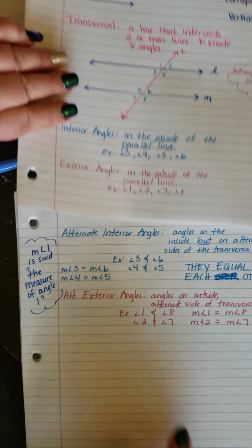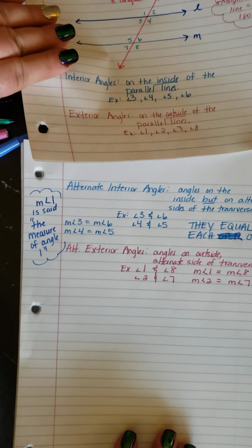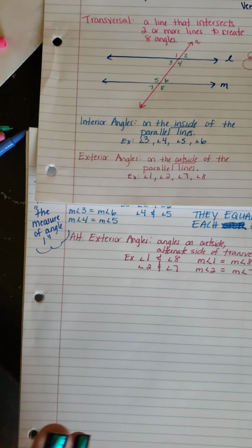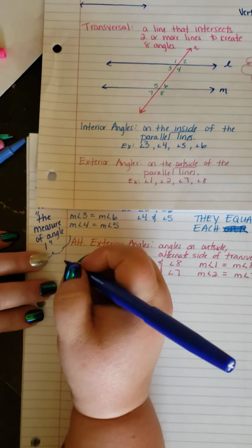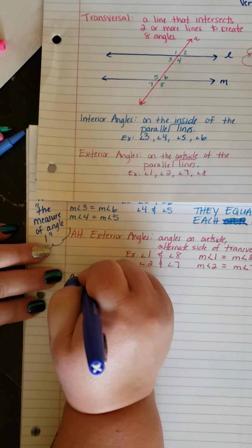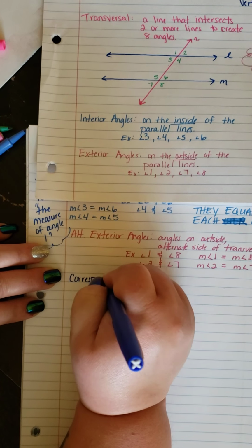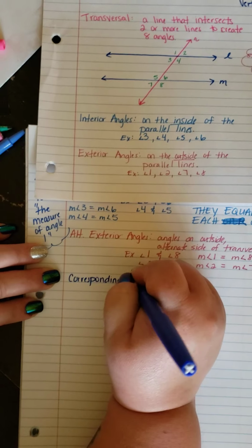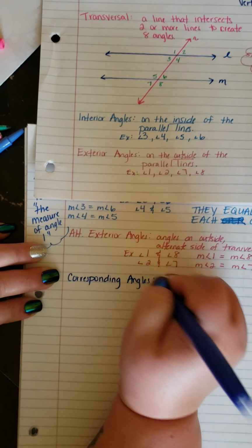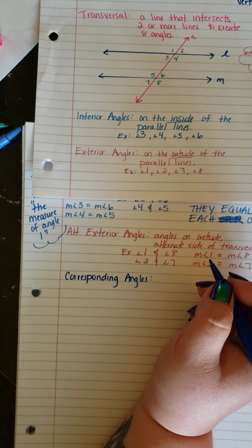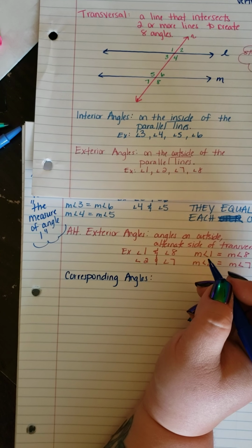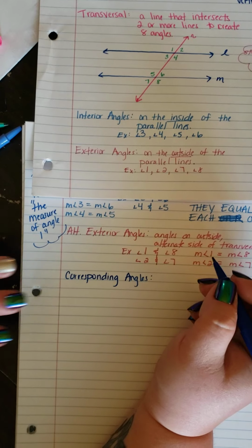So, here we have, okay, we got that one. We've got alternate exterior angles, corresponding angles. One of these ones next. Okay? Corresponding angles are those angles that are in the same position on the two lines in relation to the transversal.